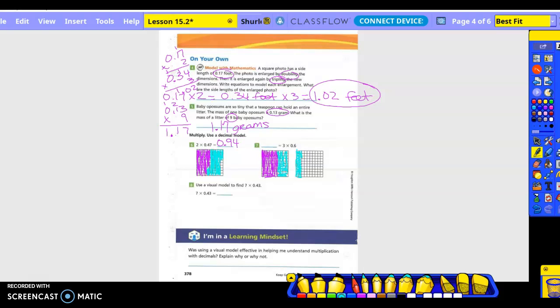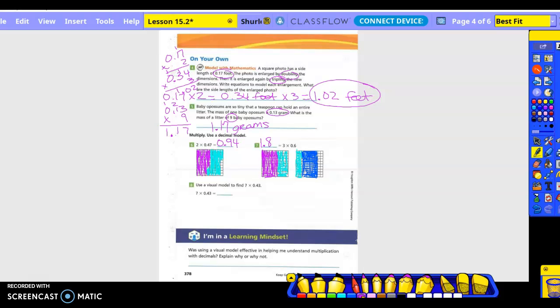And then 1 more color. Okay, so how many full flats do I have, guys? 1. So I have one full flat. Decimal, how many longs do I have of this second one? 8. And then I don't have any small cubes, right?